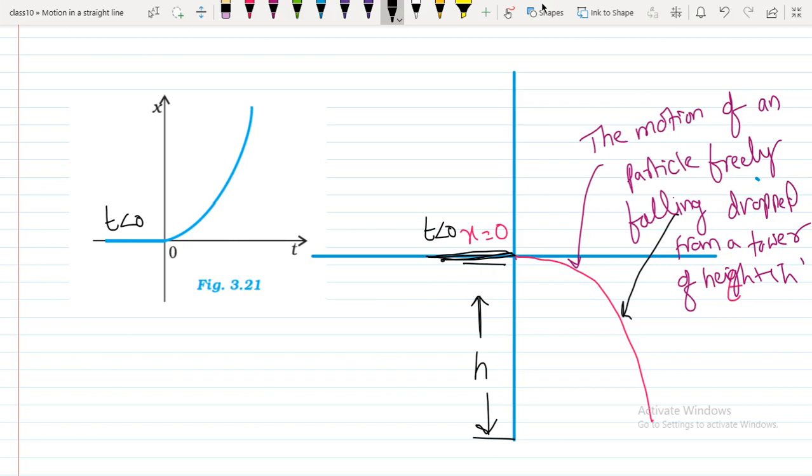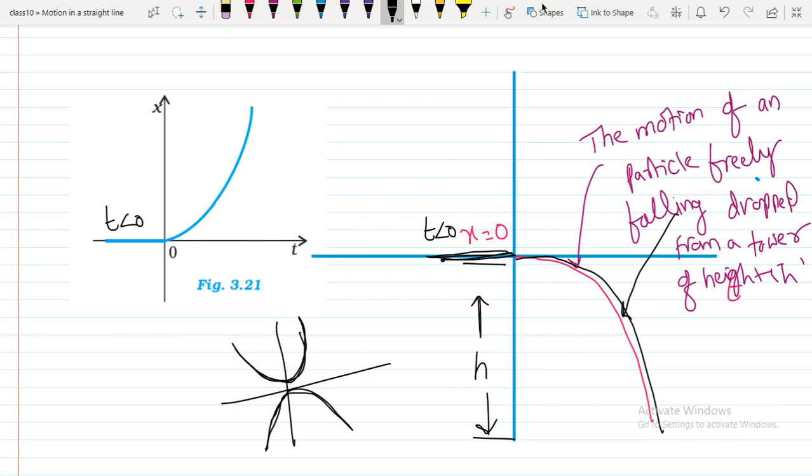After that, if we drop the particle, it takes this path, the particle falls from 0 downward. This we can also turn like this: a parabola in the third and fourth quadrant. This is also a parabola, but drawn in the third and fourth quadrant, and this is also a parabola drawn in the first and second quadrant.